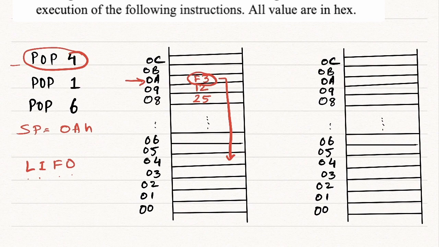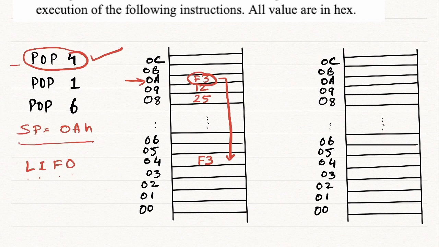So 4 will now contain F3 after the execution of the pop 4 instruction.